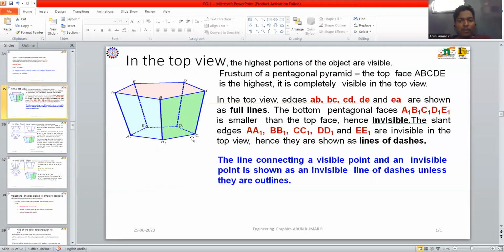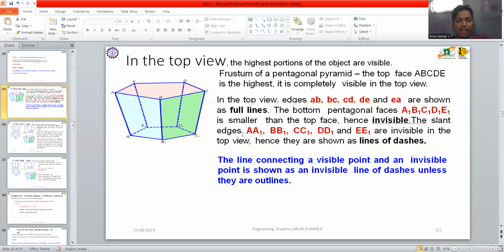Take the frustum of the pentagonal pyramid. The top face ABCDE is the highest, so it is completely visible in the top view. In the top view, edges AB, BC, CD, DE, and EA are shown in full line. The bottom pentagonal face A1B1C1D1E1 is similar to the top face and hence invisible.